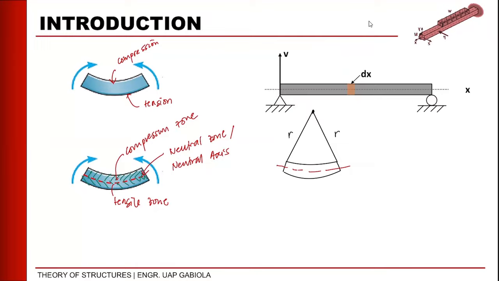And then ito yung segment ng circle, okay, na pwede natin tawagin na ds, no? Or same siya as dx dito sa original beam natin. Okay? And then, ano yung nangyayari dito? Itong segment natin na to, meron siyang theta dito.